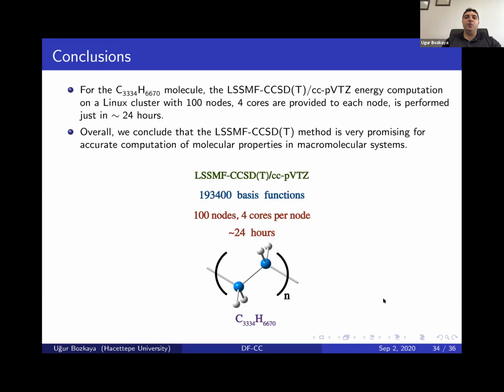And to demonstrate the applicability of our approach, we consider a molecule with more than 10,000 atoms. At the LSSMF-CCSD(T)/cc-pVTZ level, the energy computation on a Linux cluster with 100 nodes, each of them with 4 cores, is performed in just 24 hours.